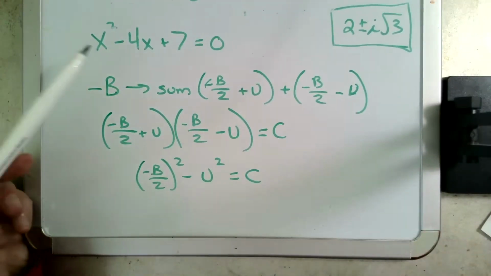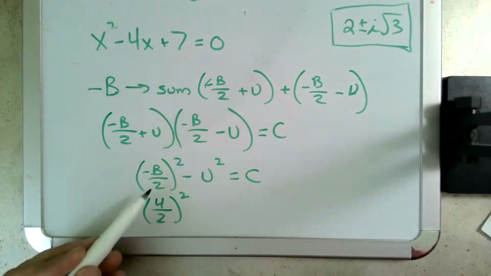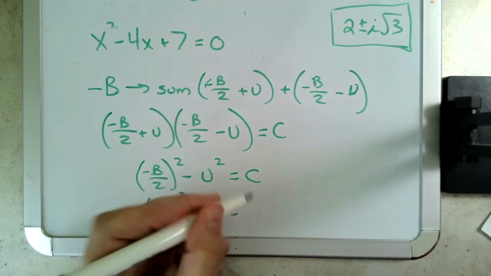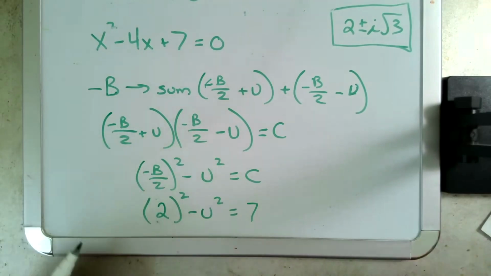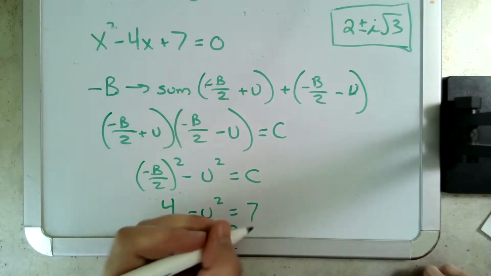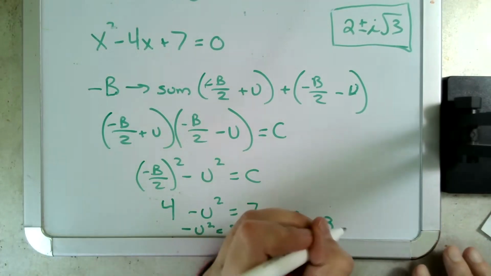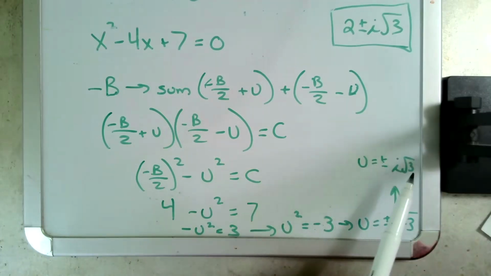So now if I throw my numbers in, okay, negative 4 over 2 squared minus u squared equals 7. Well, 4 over 2, that's 2. And 2 squared, that's 4. So if I continue solving, negative u squared is 3, u squared is negative 3, u equals plus or minus the square root of negative 3, u equals plus or minus i root 3.